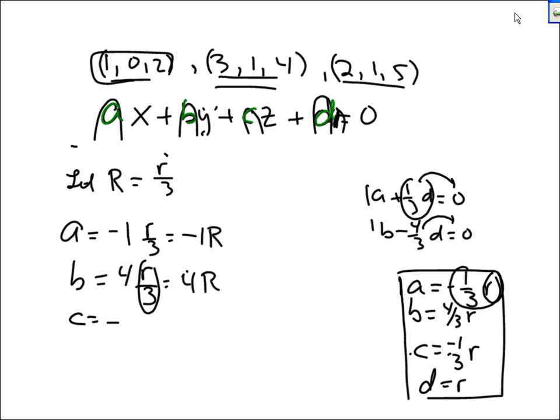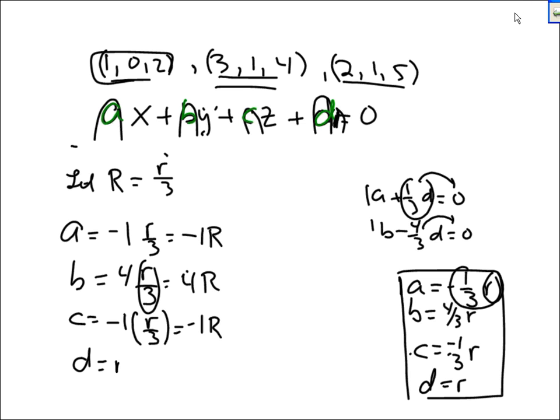So c is negative... yeah, that's what I have. Okay, so c is negative 1 times r over 3, which is negative 1r.